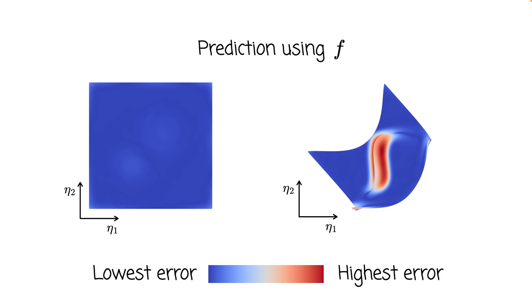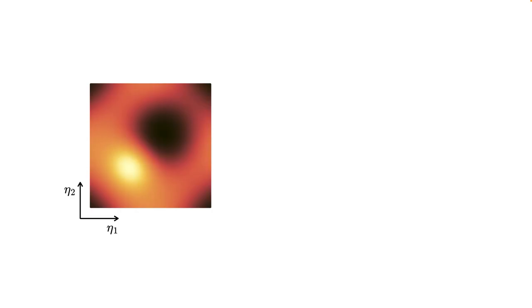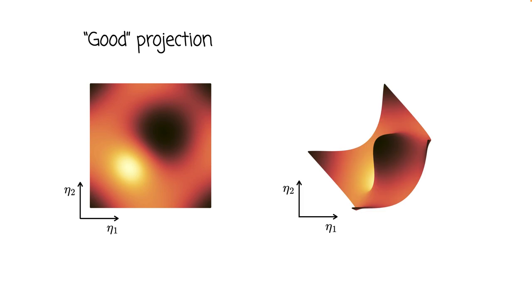It would therefore be really great if we could assess the projection quality before we even start building models on top of it. Ideally, we would like to have a metric that correctly informs us that this projection is a good projection and that this projection is a poor projection.